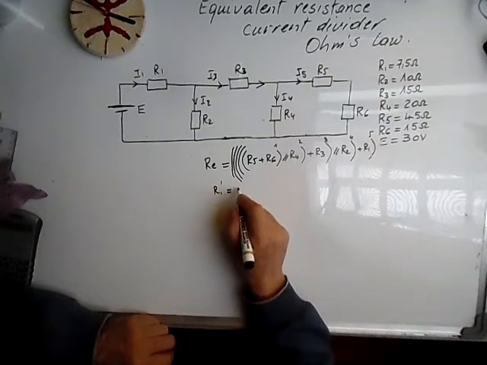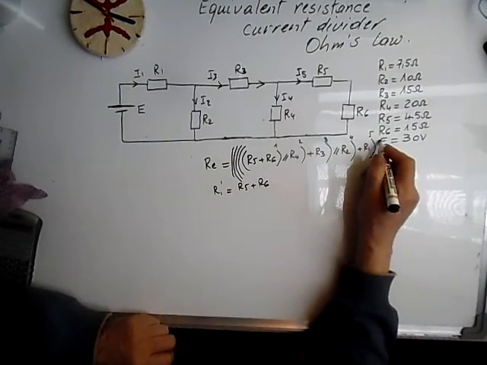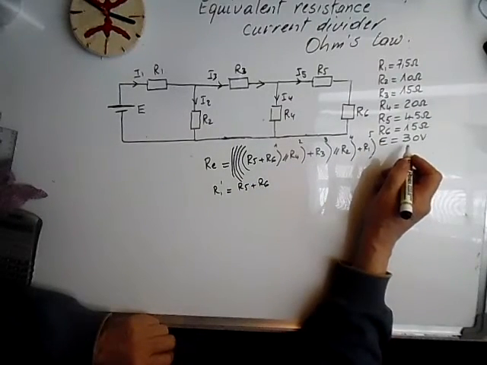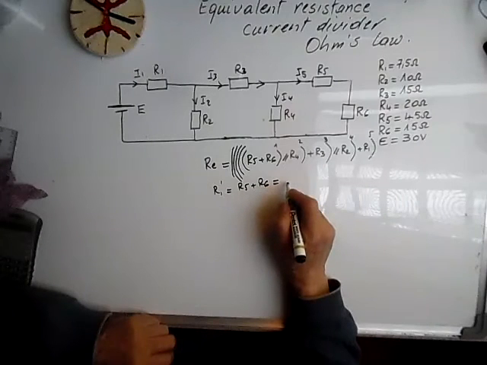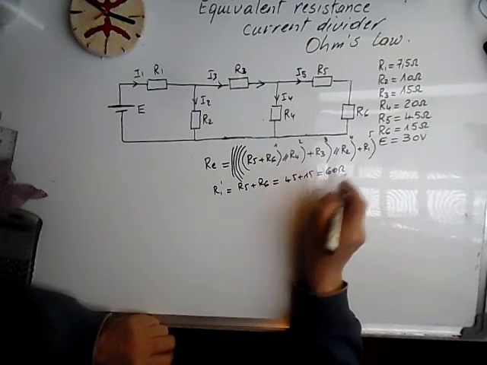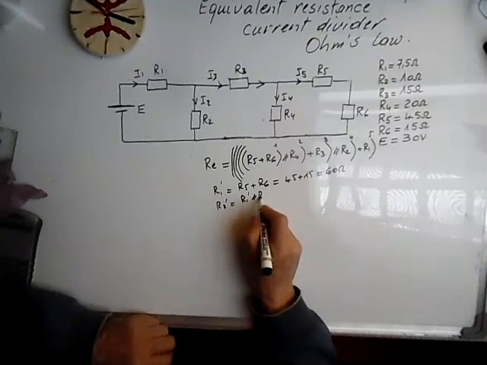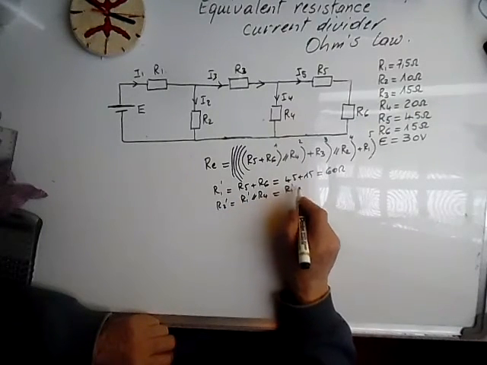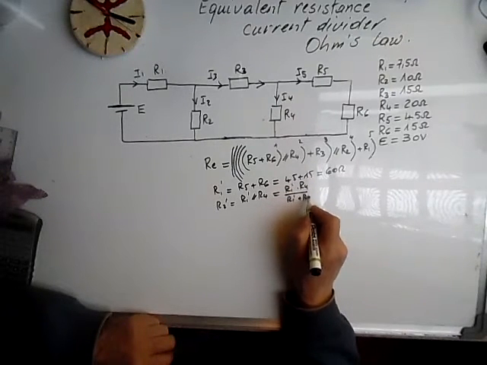R1 prime is equal to R5 plus R6. Values of the resistances are here, and the generator voltage is 30 volts. So it's 45 plus 15, it's 60 ohms. R2 prime is R1 prime in parallel with R4, it's R1 prime times R4 over R1 prime plus R4.